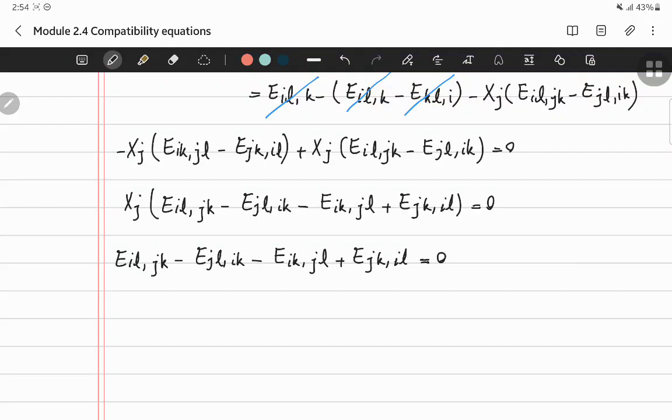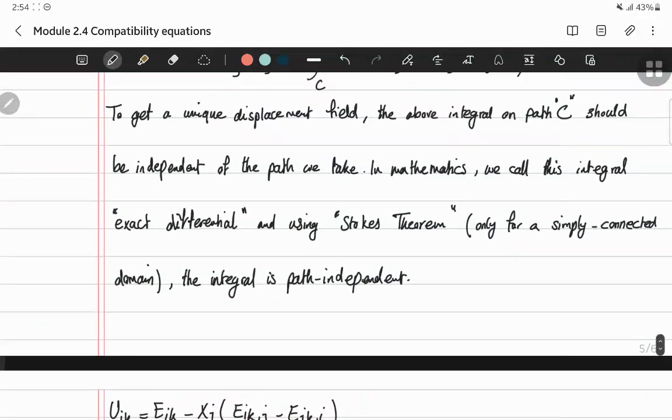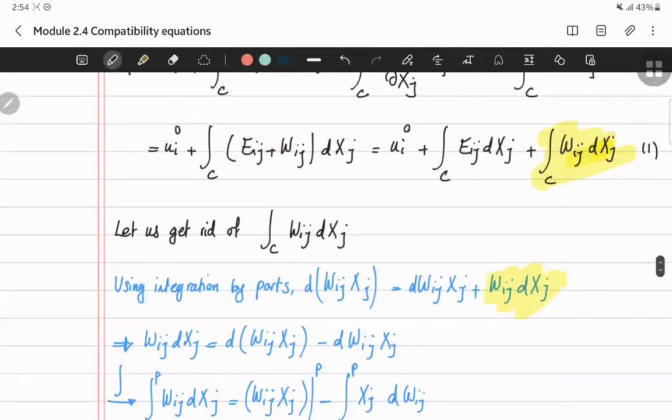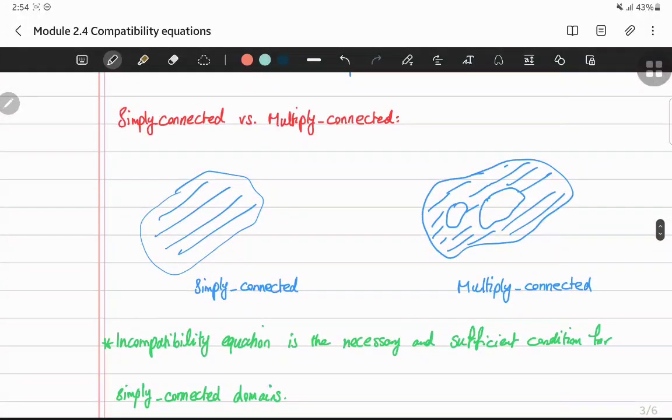And now we showed that basically for a simply connected domain, the incompatibility equation is the necessary and sufficient condition.